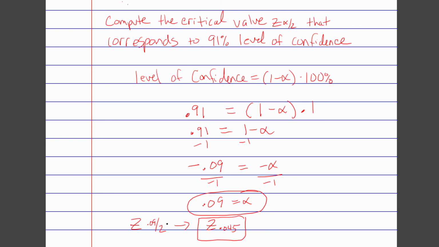And the reason why we have it divided by 2 is because the 91% level of confidence includes both tails. So when we have 91%, we have the normal curve, and we have this tail and this tail. That means the inside here is 91%. So that must be that there's 4.5% over here and 4.5% over here.